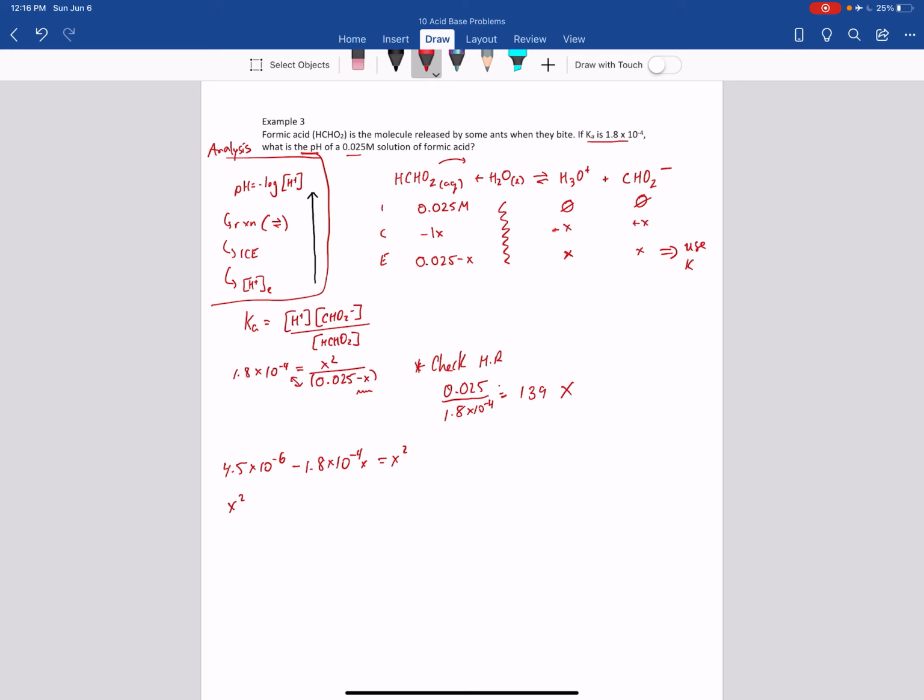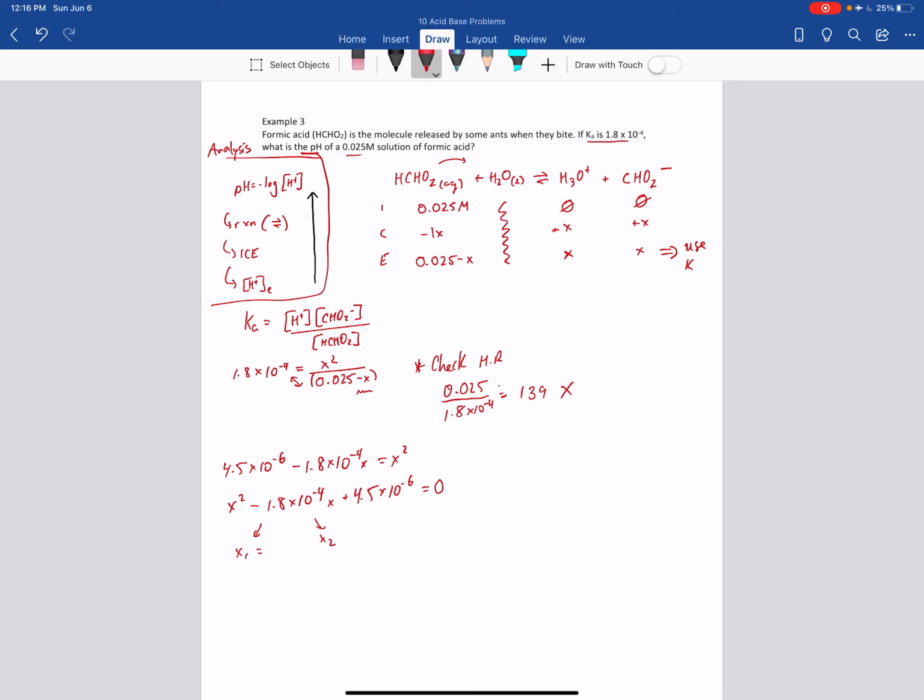We'll rearrange this into standard form, where we have ax squared plus bx plus c. So we'll have that there, and we're going to solve for our roots either by factoring or using the quadratic equation. So in this case, I'm going to use the quadratic equation on the calculator just to speed things up.